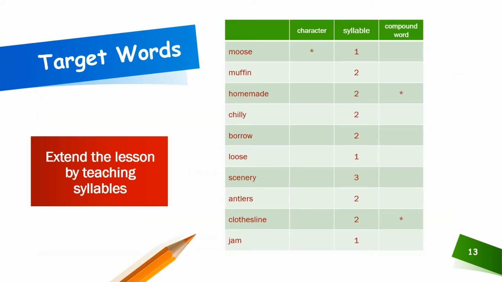These are our target words for our story. So we have chosen the words moose, muffin, homemade, chili, borrow, lose, scenery, antlers, clothesline, and jam. With your target words, what I like to do is put the word in about 24-26 print at the top of a regular, normal page.